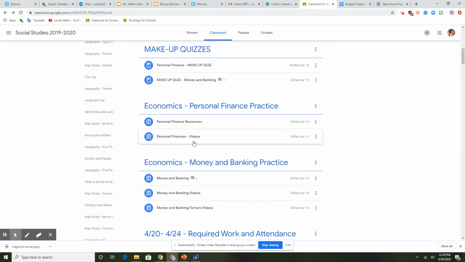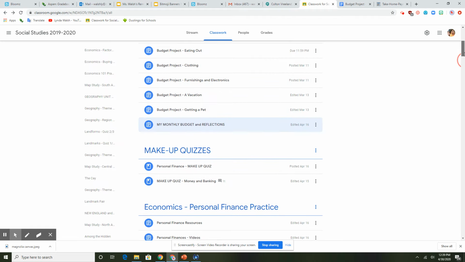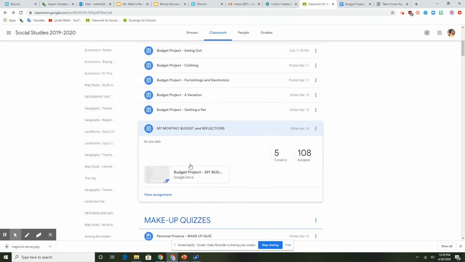If you open that up, you're going to put all of that information in that budget project. It's going to be slow to open up because it always is when I am recording. But if you click onto this, it'll open up and you're going to put your income and you're going to put your school loan right up near the top.